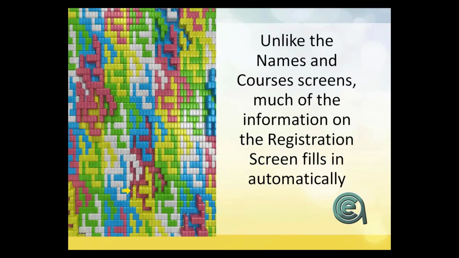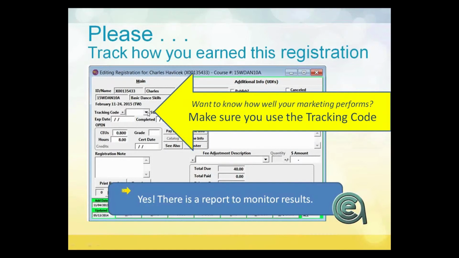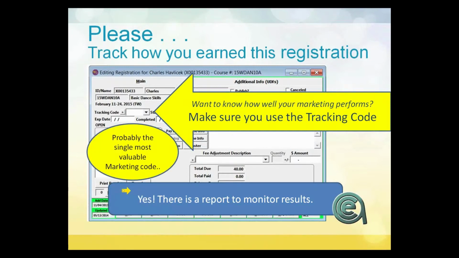Unlike the names, much of the information in the registration fills in automatically. However, things like tracking code are, again, really critical. We talk about this in marketing. We talk about this in the basic best practices: always try to capture the tracking code on a registration. I think it's probably the single most valuable marketing code out there.